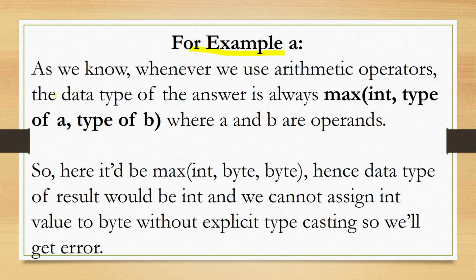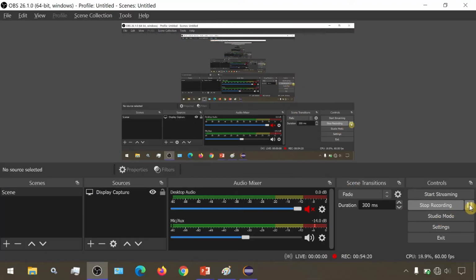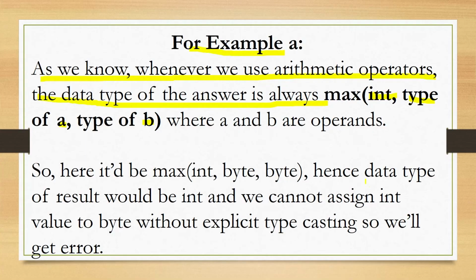As we know, whenever we use arithmetic operators, the data type of the answer is always the max amongst int, type of A and type of B. So whenever we are using arithmetic operators, the data type of the answer is always the max amongst int, type of operand A and type of operand B, where A and B are operands. Let me explain this.